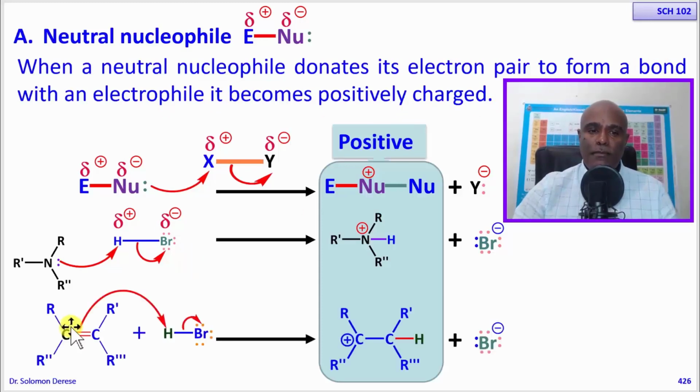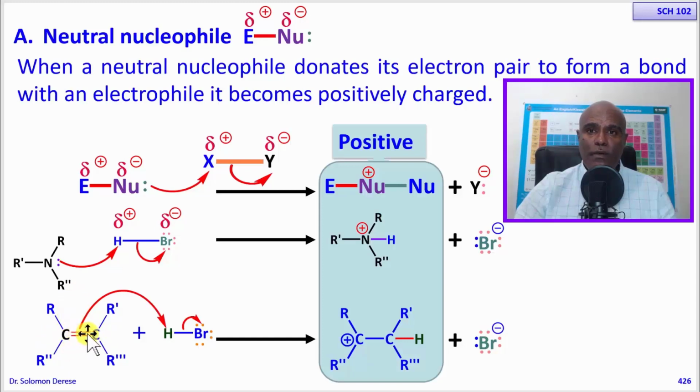This is another example. This is an alkene. Alkenes are nucleophiles. They are neutral nucleophiles. The reason why an alkene is nucleophilic is because of the pi bonds. These pi bonds are found above and below the carbon-carbon nuclear axis. The pi bond belongs to both carbons.